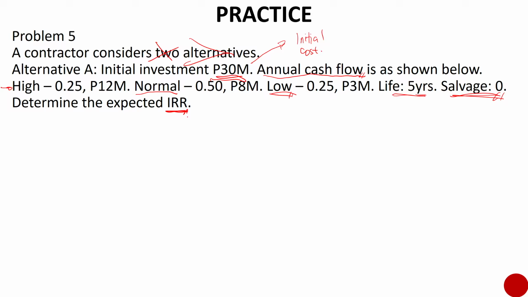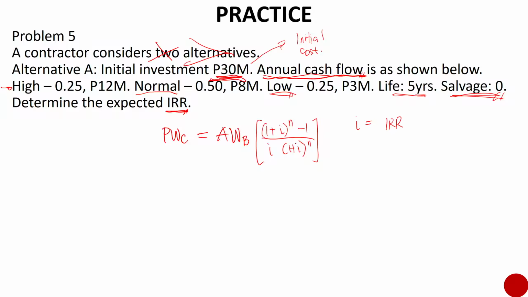So we have the present worth of the cost, the 30 million, equal to the annual worth of the benefit times the formula, 1 plus I raised to n, minus 1, all over I times 1 plus I raised to n, with n equal to 5. The I that we get there is our internal rate of return.